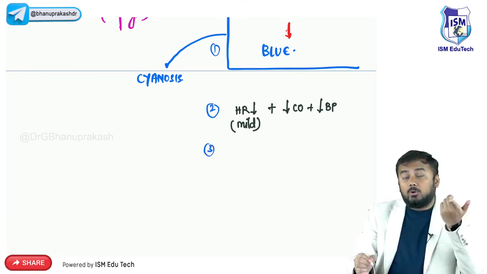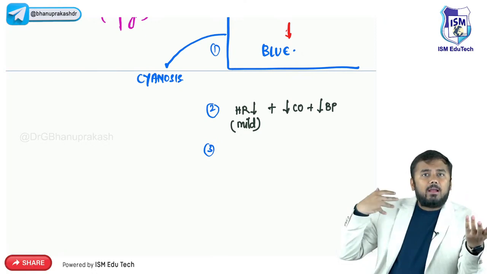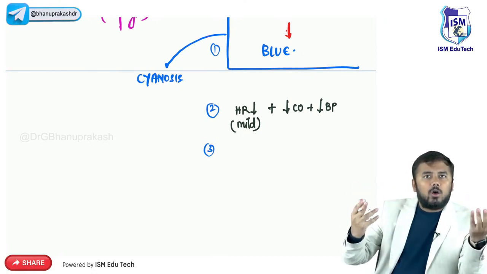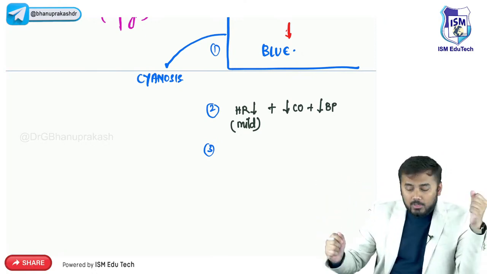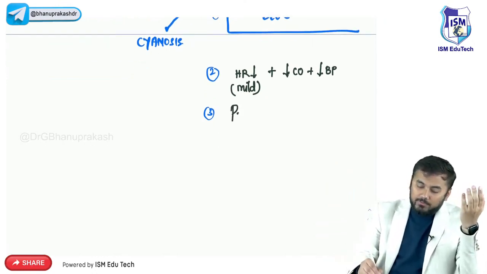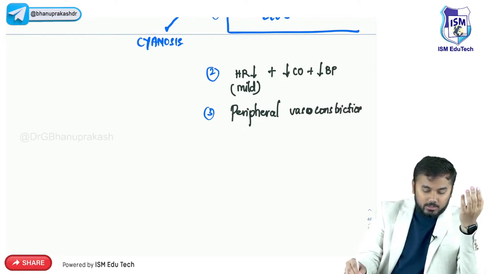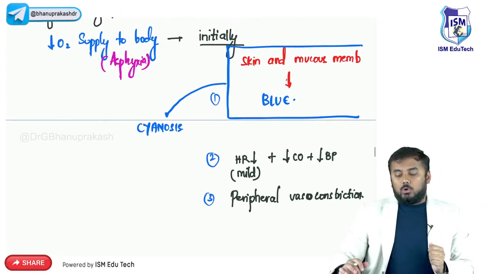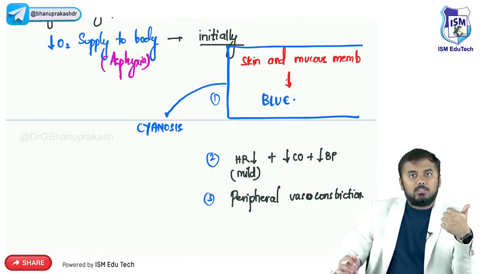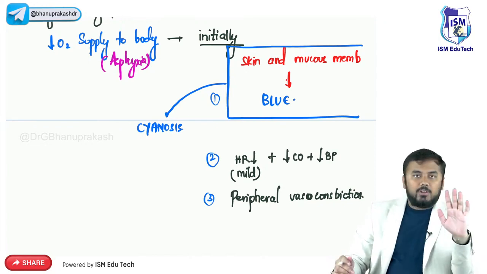I told you in the starting only, whenever there is reduced oxygen supply to your body, there is a backup mechanism: the sympathetic system gets activated and peripheral vasoconstriction occurs. So here also, if there is initial hypoxia, this would lead to peripheral vasoconstriction. So: cyanosis, mild reduction of heart rate, cardiac output and blood pressure, and peripheral vasoconstriction.